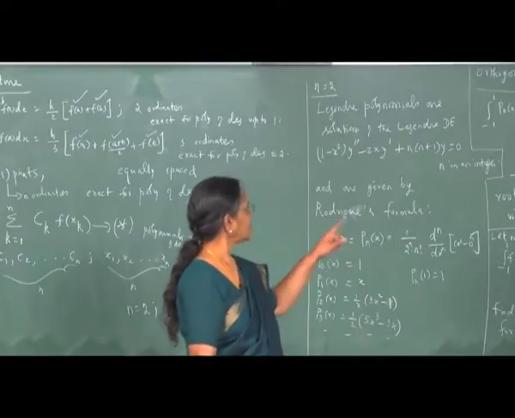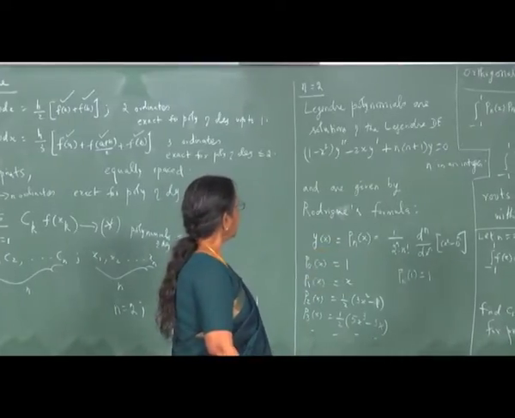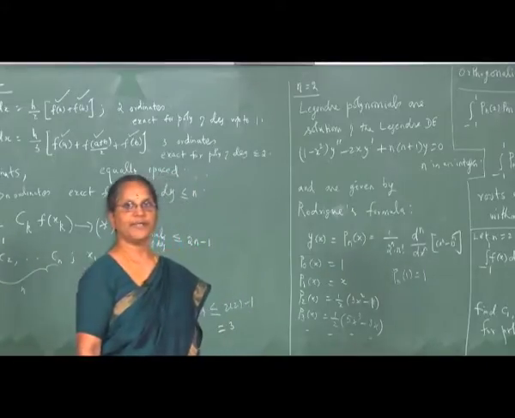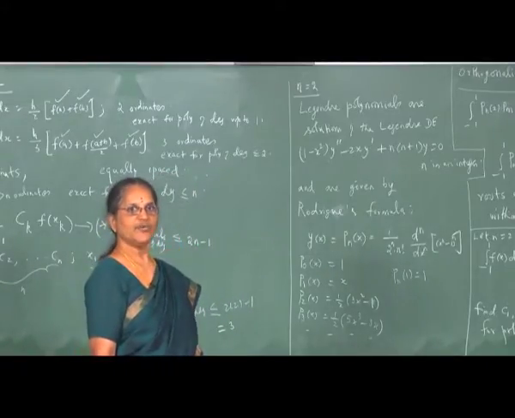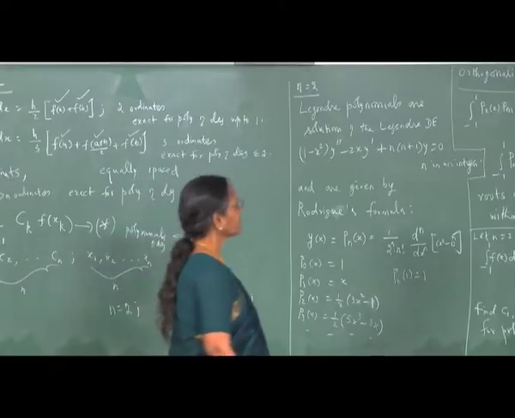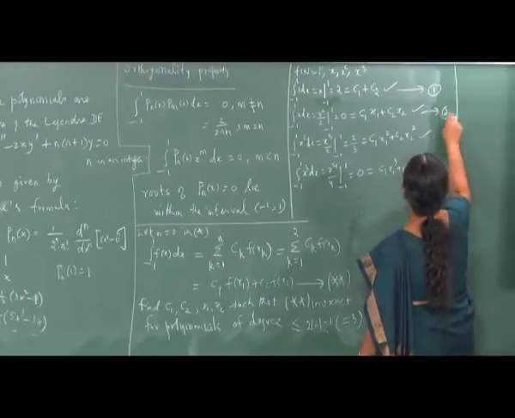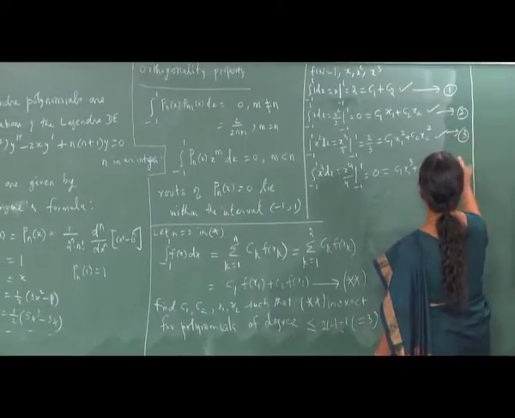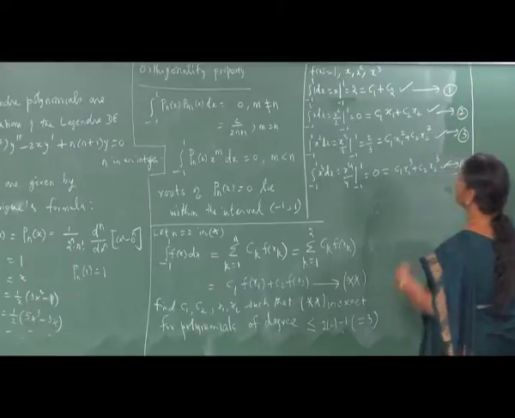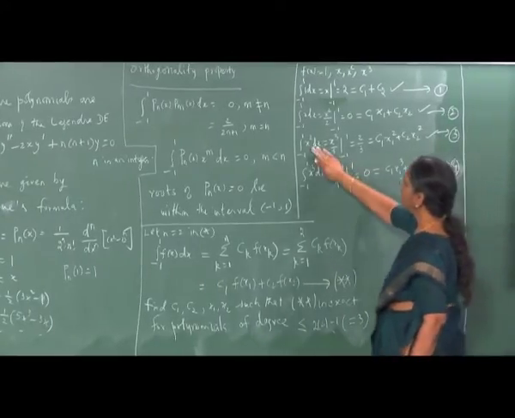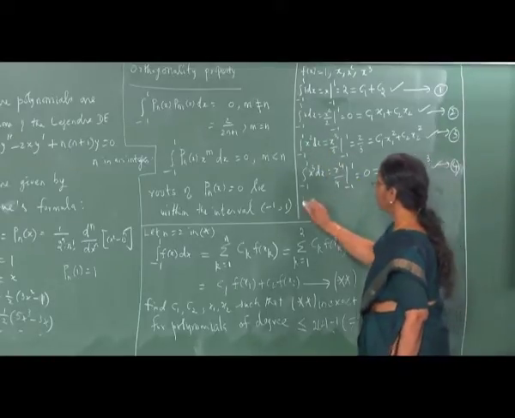So, at this stage we would like to bring in the knowledge of Legendre polynomials that we have and use their properties. So, what I do is, suppose I call these equations as 1, 2, 3, 4. I shall multiply equation 3 by 3 by 2.